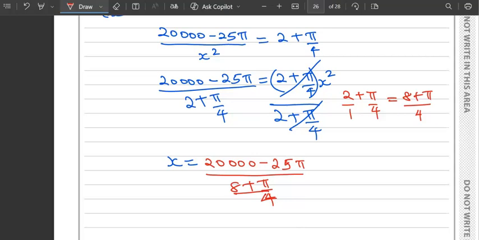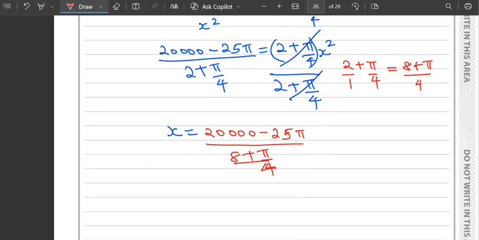Now, if we simplify this, it can also be written as, so this one we can say that x squared still will be equals to 20,000 minus 25 pi. Then of course this one we can multiply by the reciprocal here, which is simply 4 over 8 plus pi.